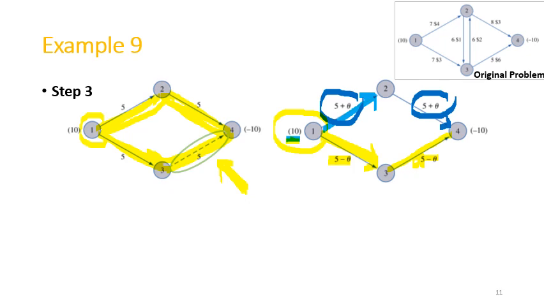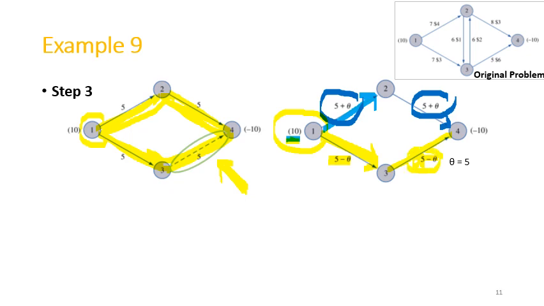Now the next step is we are checking what is the theta that can keep the conservation of flow balance in the entire network still satisfied. So here the theta equals 5 because we can reduce the flow as many as 5 units, right?